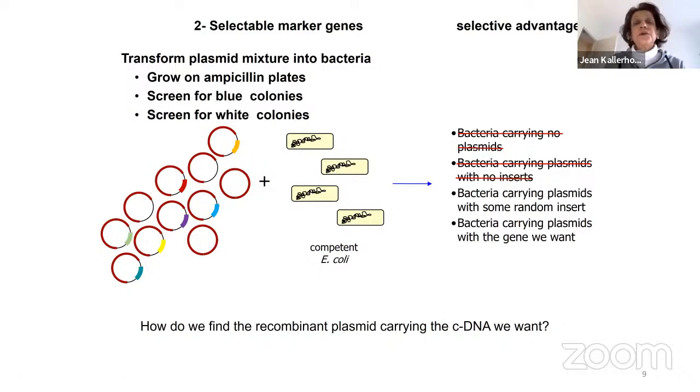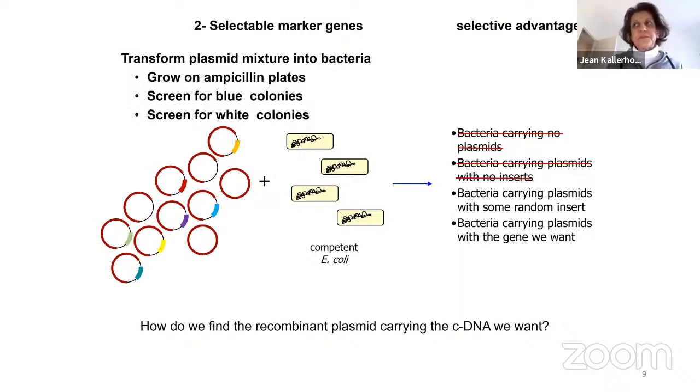And then you will screen for blue or white colonies, and you will reject all the blue colonies, and you will keep only the white colonies. So this is the strategy that is used to select, to identify, to screen, so to eliminate all the clones we don't want. This is a selection procedure.